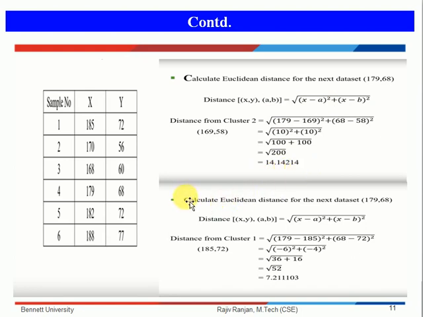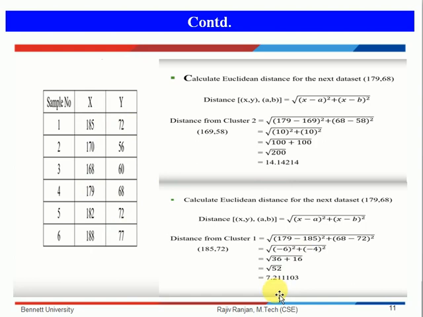Now similarly we compute the distance of sample number 4 from cluster 1. It is 179 minus 185 and 68 minus 72, and we get 7.211103.